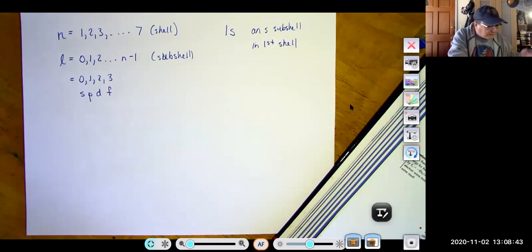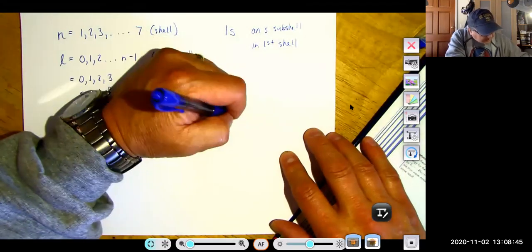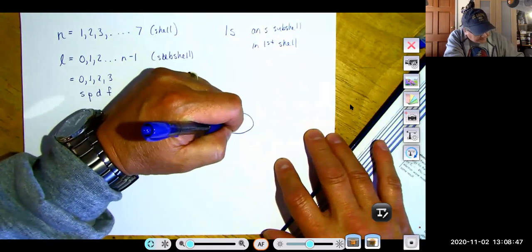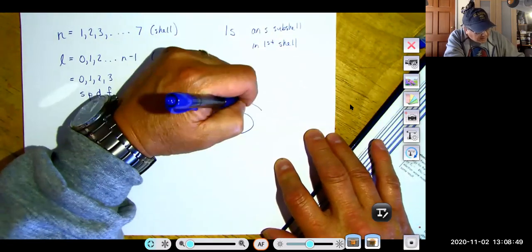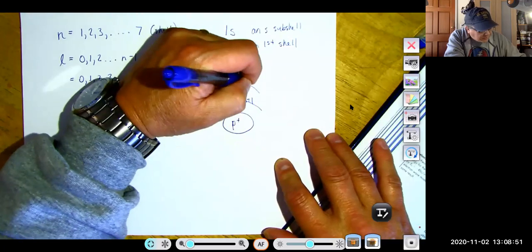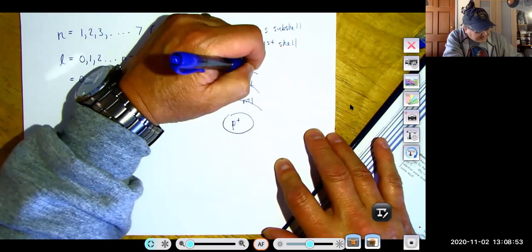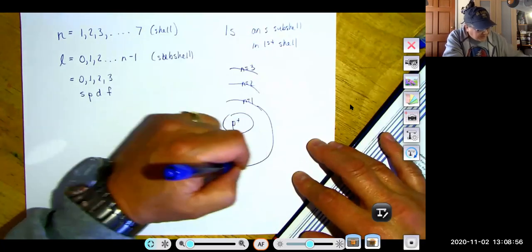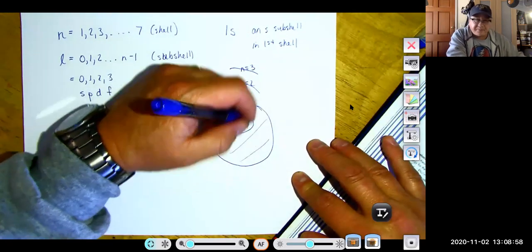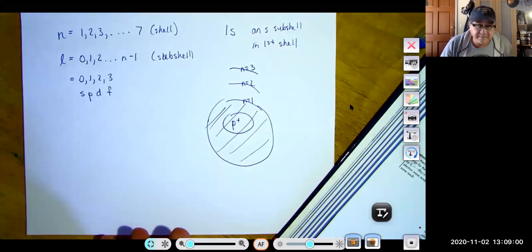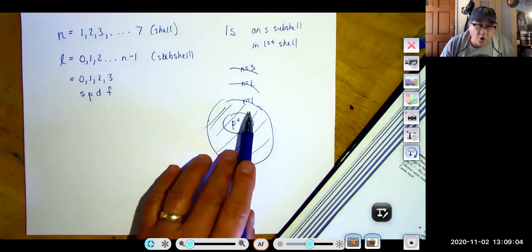And to give you an idea, first of all, of shells, if this is your proton, this is n equal 1, n equal 2, n equal 3, and this is the shell. And remember, this is a three-dimensional space. It's not an orbit. Tell me you're with me there. This is not an orbit.